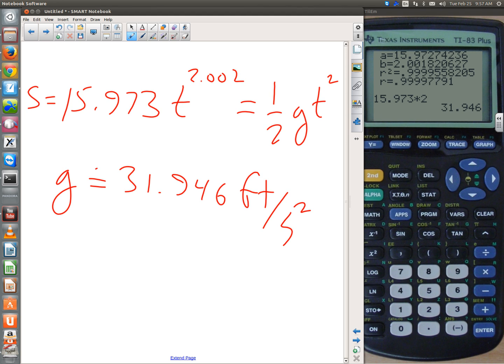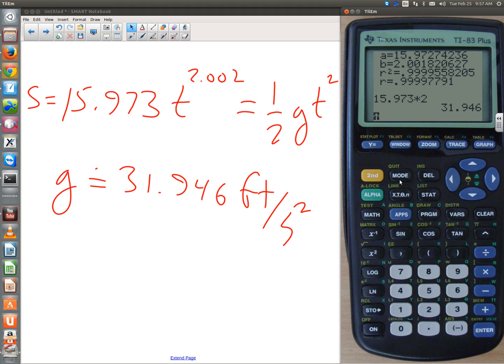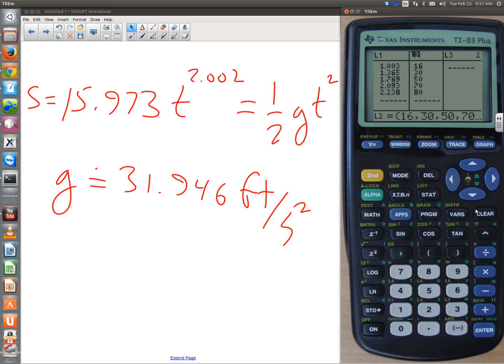Excuse me. Shh. Enter data. Go. How do you clear data? Go to the top, clear enter, right? Go to the top, clear enter.